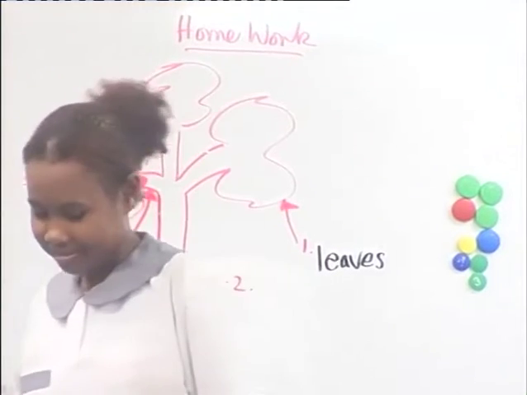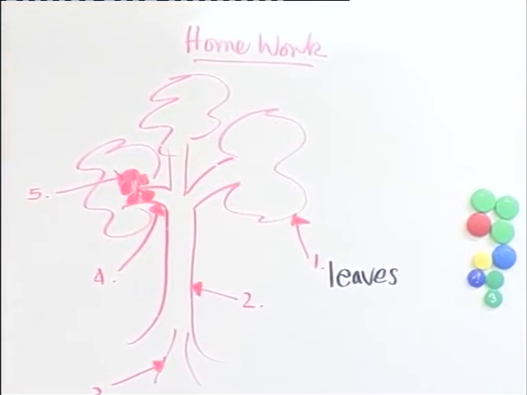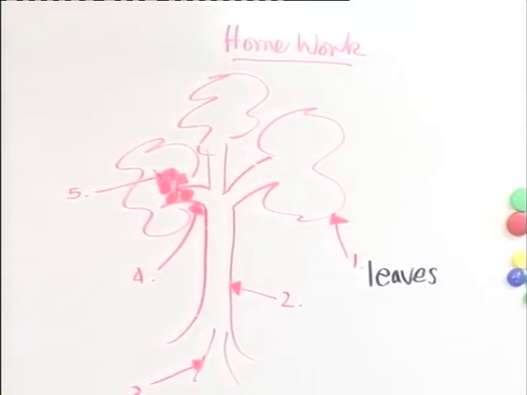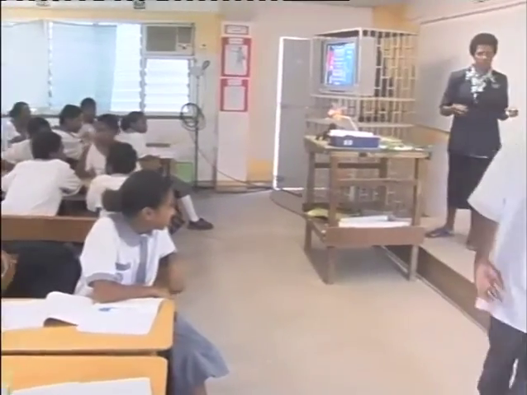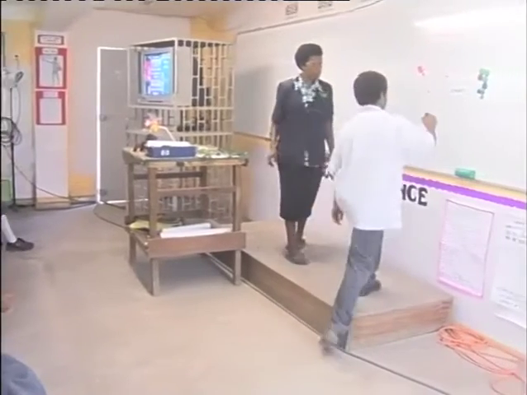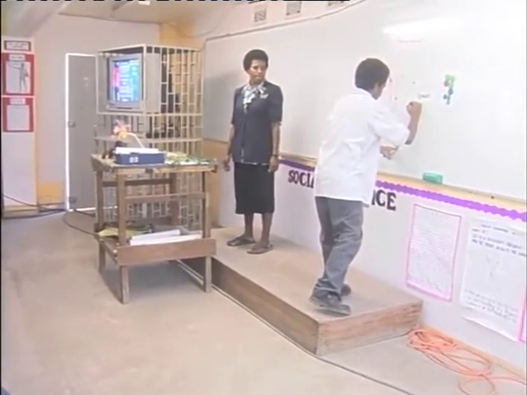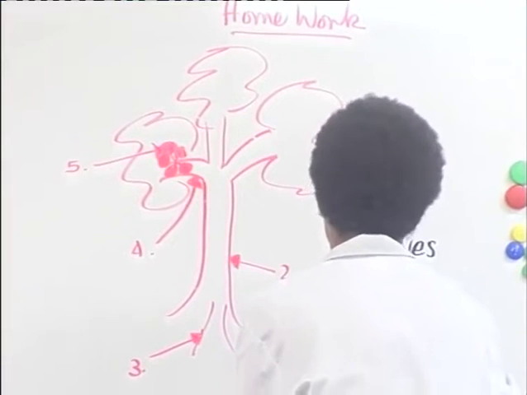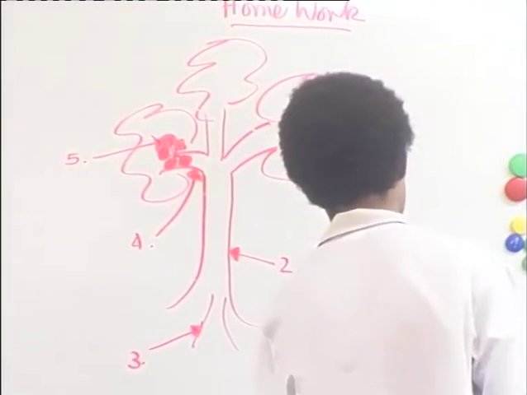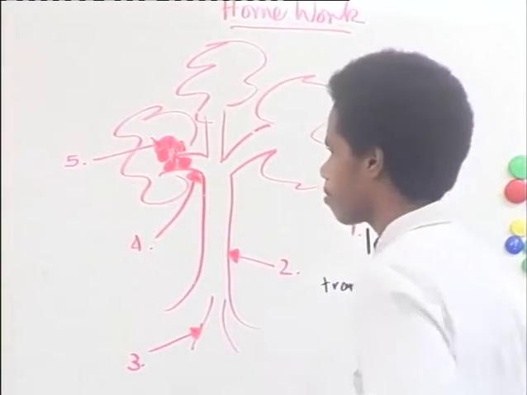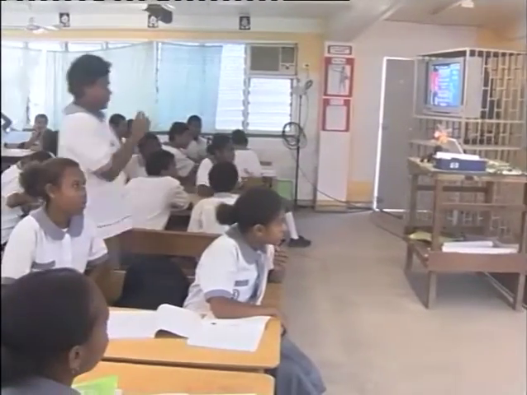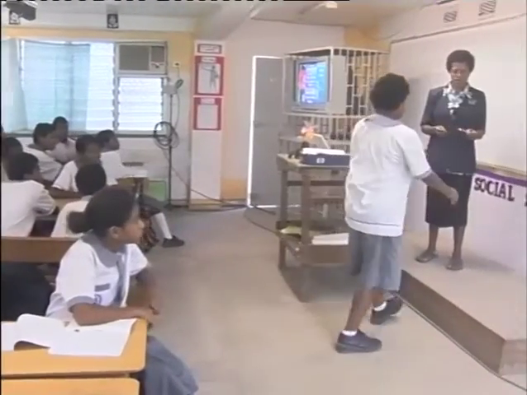Thank you. Okay, we have Bobby, please. Bobby, number 2. Aloysia, number 3. Roots. Okay, Aloysia, number 3. Francis, 4.